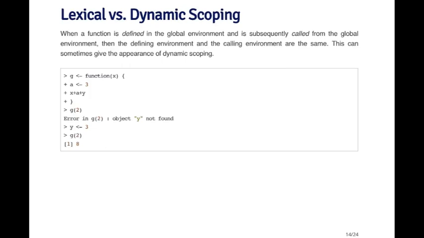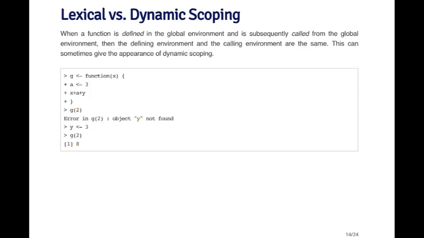In this case, x is a formal argument. a is a local variable, so it's not a formal argument, but I defined it inside the function, so that's okay. And then y is a free variable. So if I call g of 2, the function g is going to look for the value of y in the global environment. If I haven't yet defined y, then there has to be an error because it doesn't know what value to assign to the symbol y.